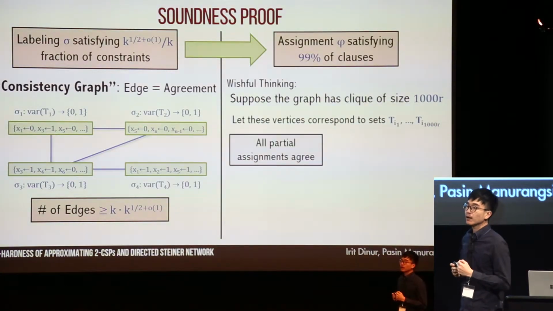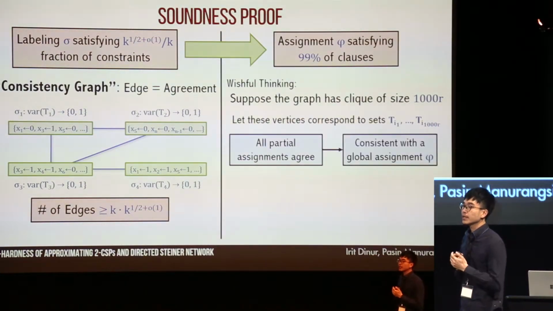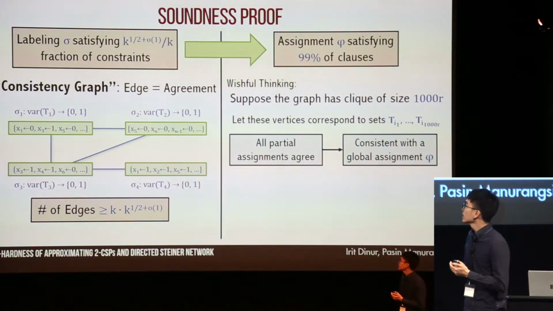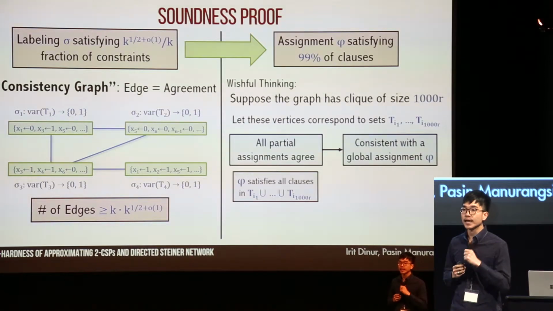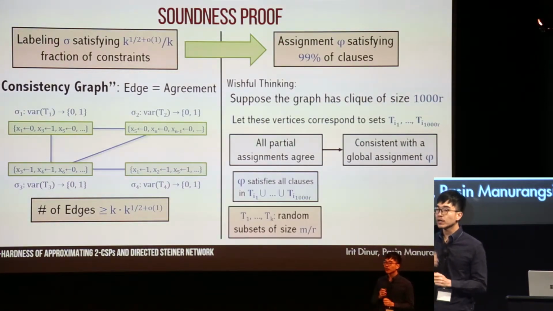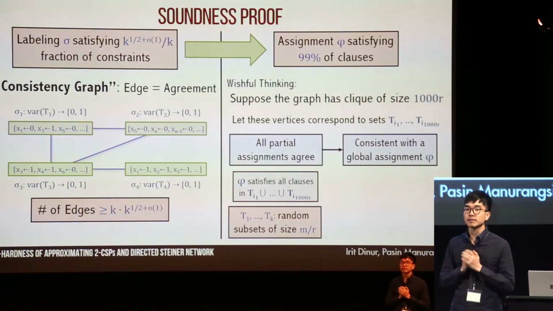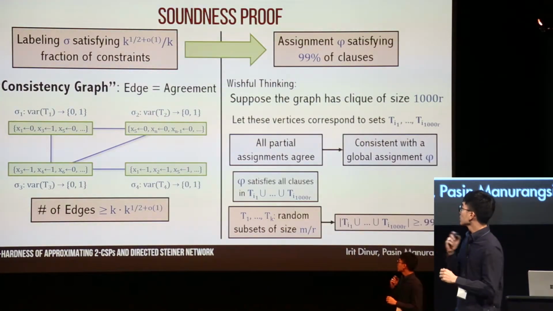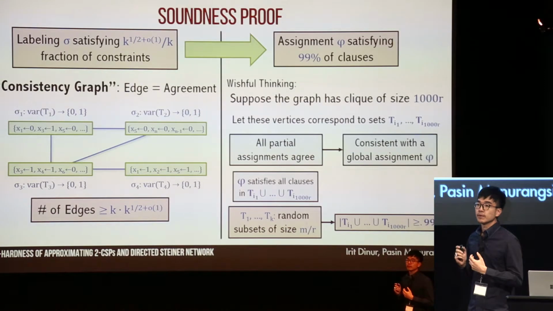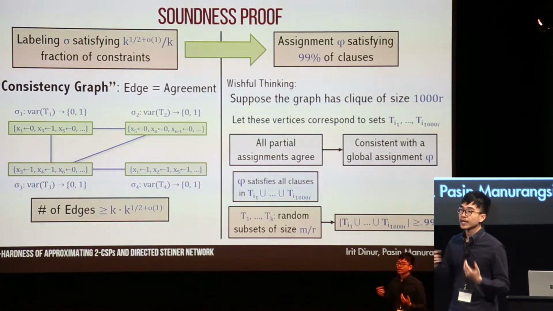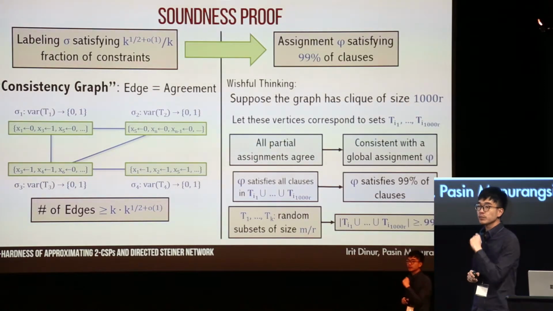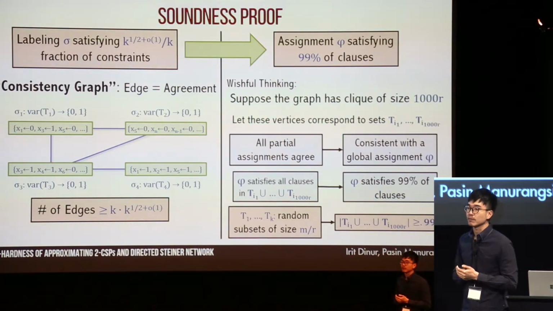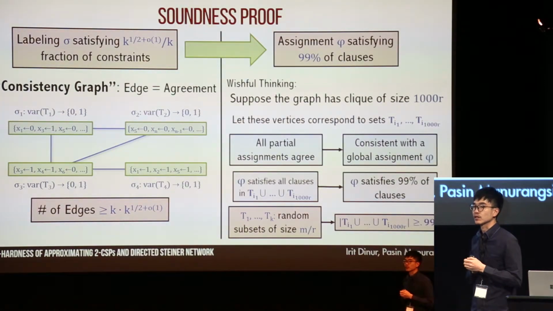So we can find a global assignment that agrees with all of them. This global assignment will satisfy all the clauses that appear in at least one of the sets. But recall that these sets are random subsets with a 1 over r fraction of the clauses, so the union of them will very likely contain 99% of the clauses. So indeed we are done here, because this global assignment satisfies at least 99% of the clauses.